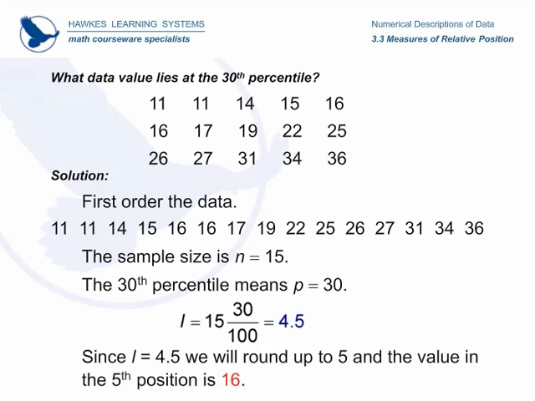Since L equals 4.5, we'll round up. We've got a decimal, so we want to round up to the next largest number, which is 5. And the value in the 5th position is 16.